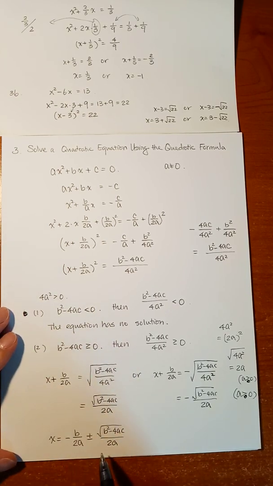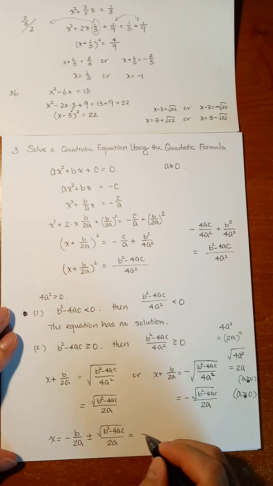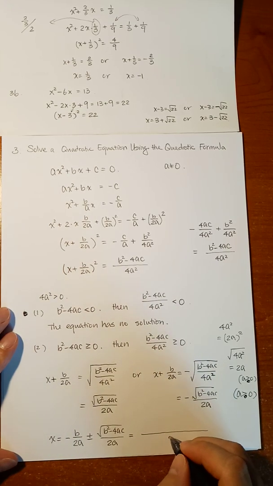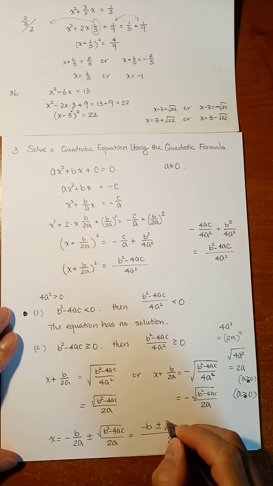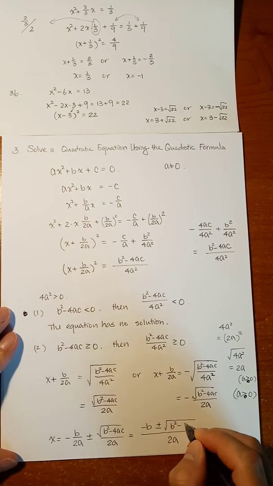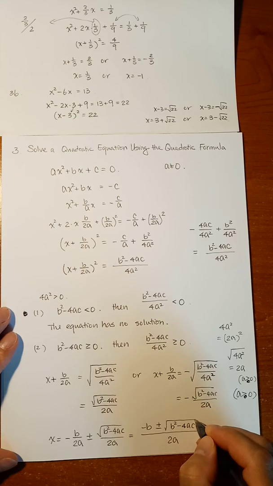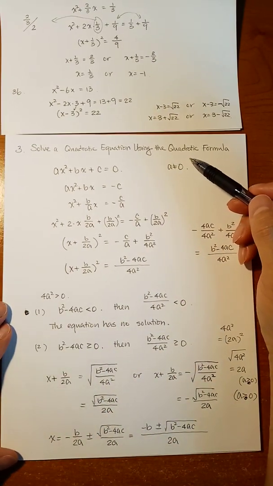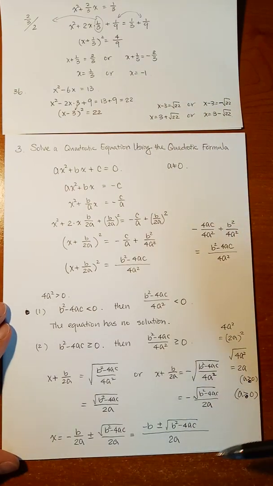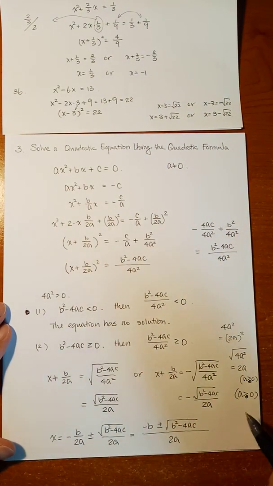Right? They have the common denominator, so we just write it in one formula: x equals negative b plus or minus square root of b squared minus 4ac, over 2a. And this is called the quadratic formula. This formula works for a positive. It also works for a negative. There's no difference.